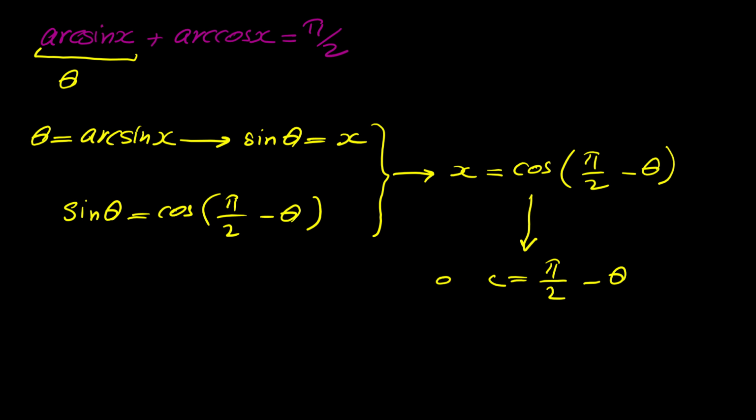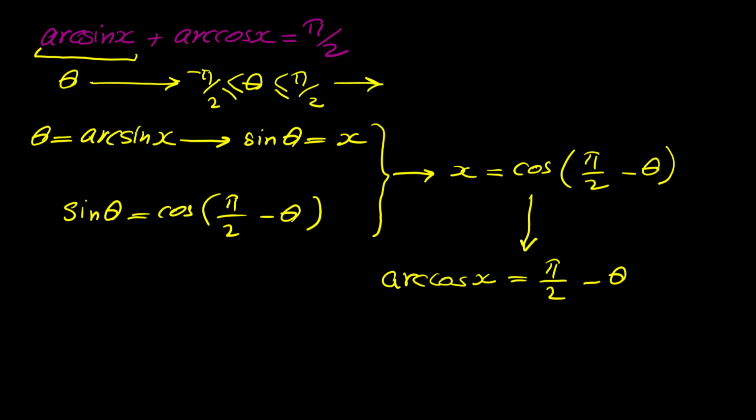Why in this case can we conclude this relation from that relation? Because, please pay attention, the theta that we have here is arcsine of x. So we know that theta is always between negative pi over 2 and pi over 2. This is because arcsine is always between negative pi over 2 and pi over 2.